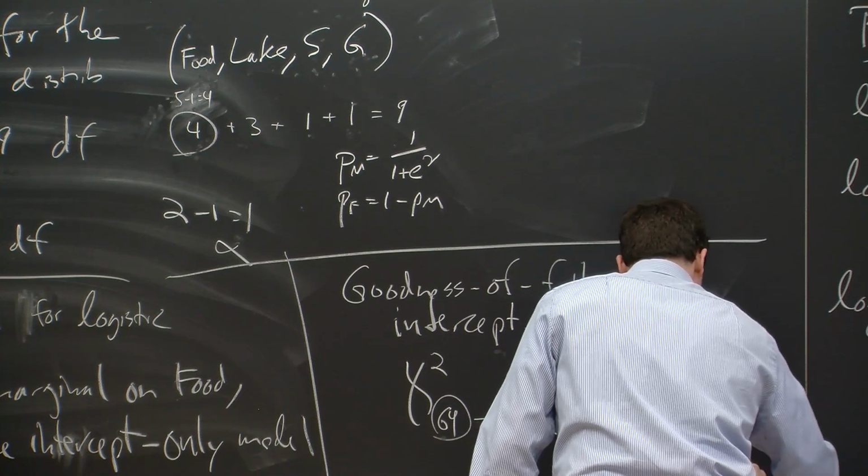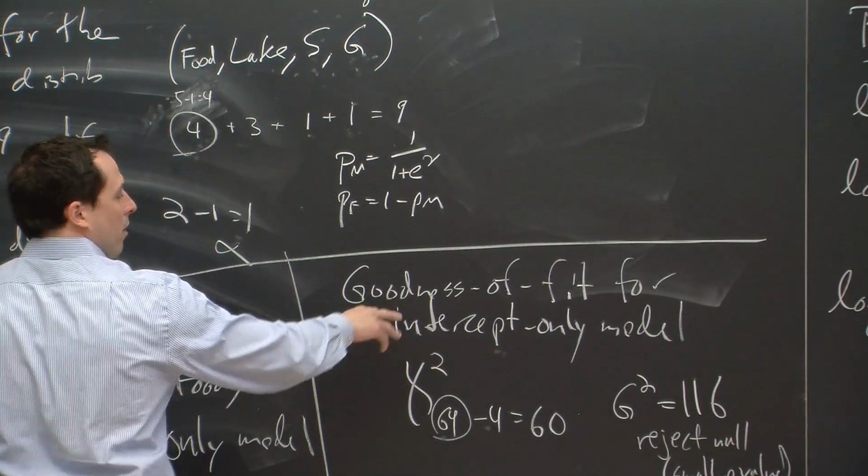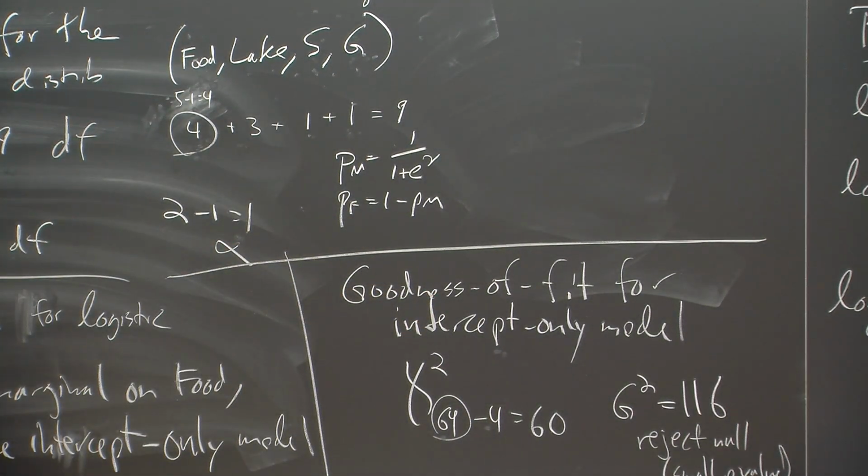So we can reject the hypothesis that the intercept-only model is all that we need, or conclude that lake, gender, and size are at least somewhat predictive of food choice.